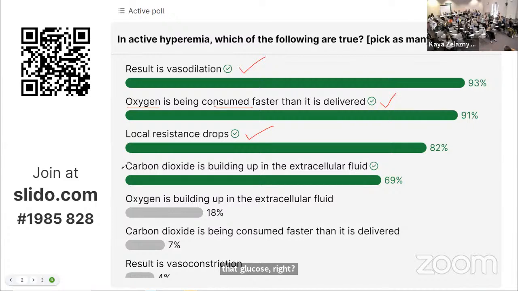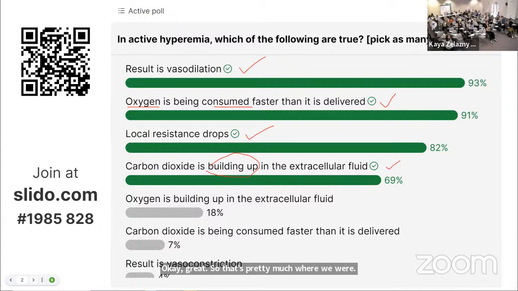We're using lots of oxygen, which means we're also producing lots of carbon dioxide, and that's starting to build up in the extracellular fluid, the fluid in the space next to the arteriole. This is part of what our smooth muscle is reacting to. Okay. Great. So that's pretty much where we were last time.